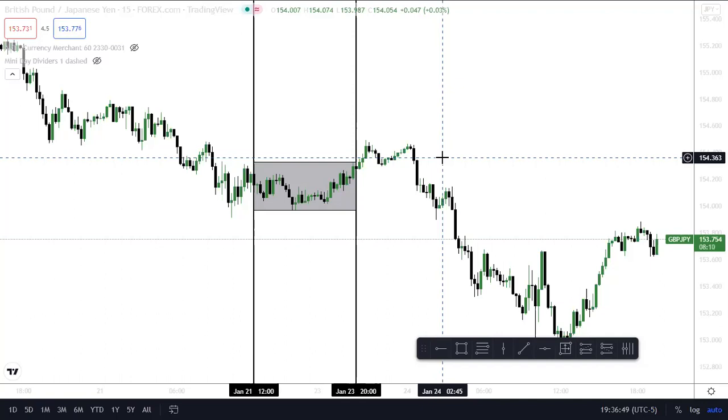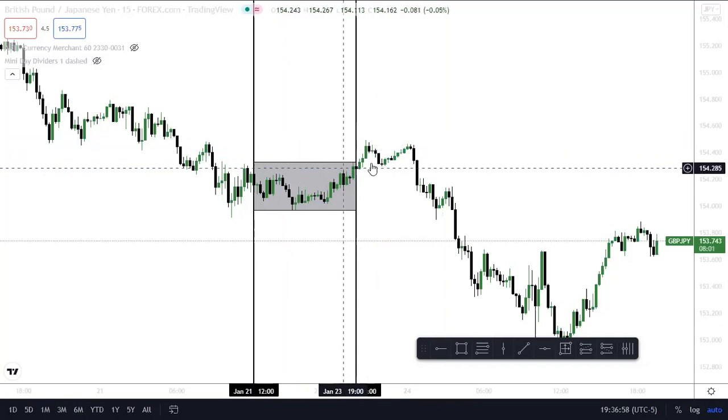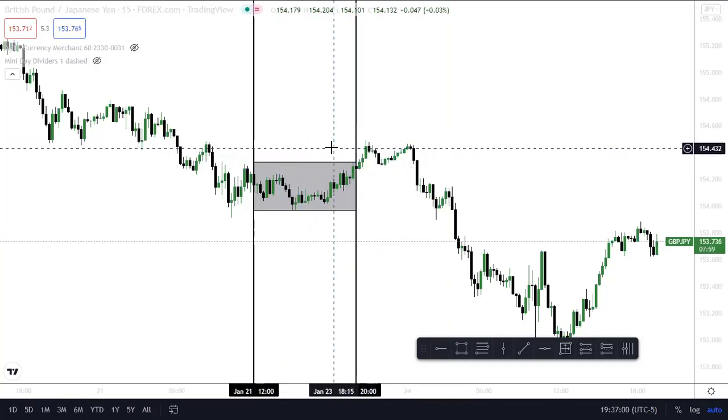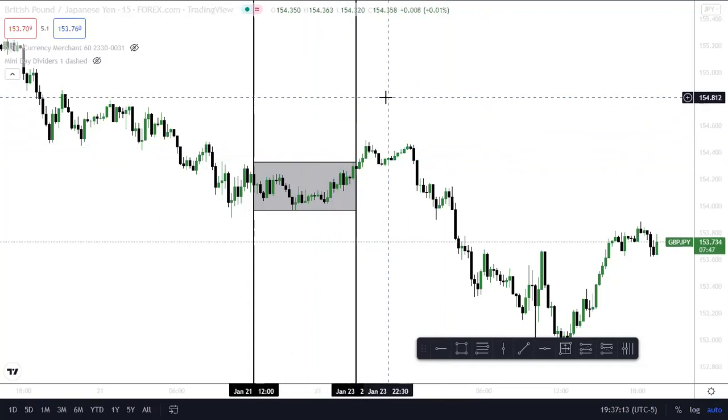So the framework here is that after the high is taken, you anticipate a retracement, and that's where I look for my entry. That's the main framework. I don't know if you've ever thought about that. It was just an idea that came to me.